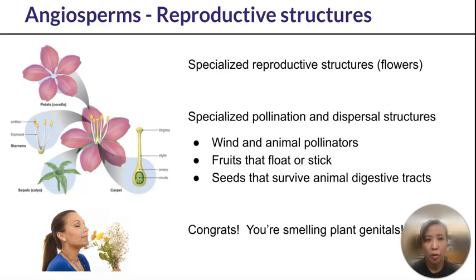Most angiosperms have these different parts that we're going to go over. Despite them perhaps looking a little different, they will have a sepal right here. This is also known as a calyx, and this is basically going to protect the flower bud itself.